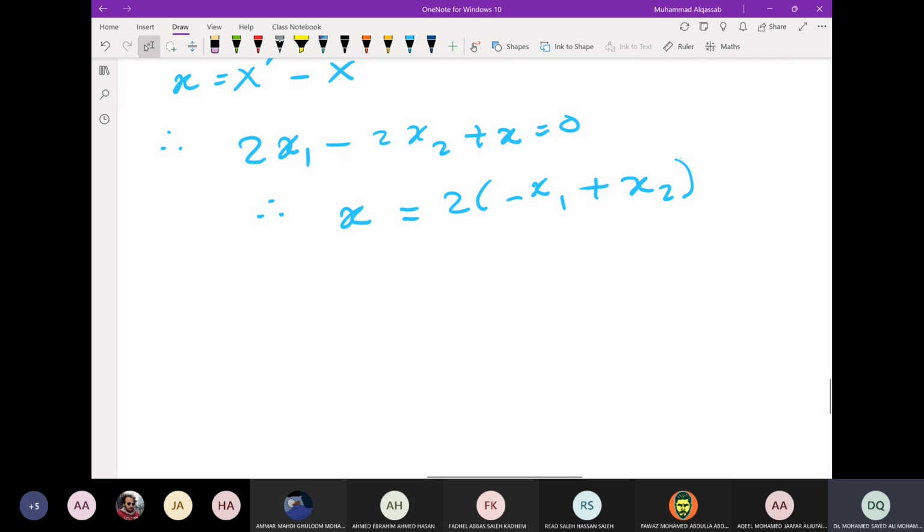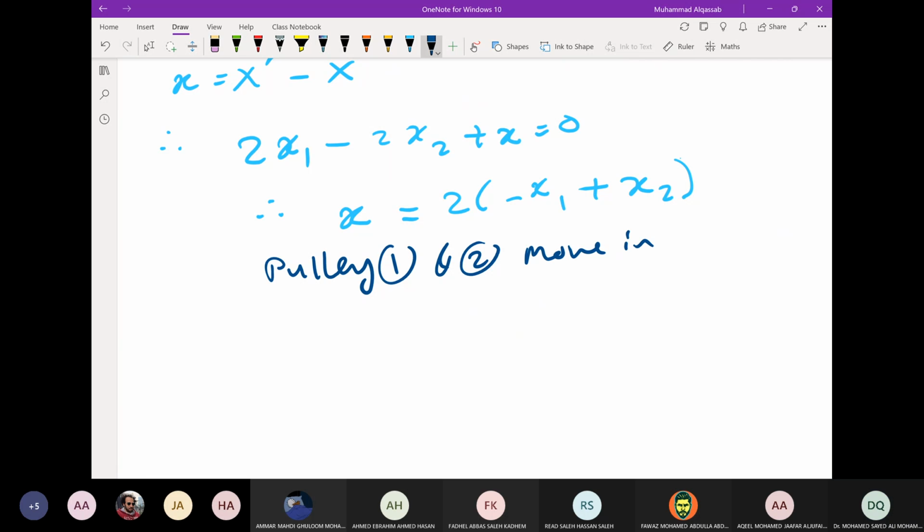This is always addition. Okay, we know that pulley 1 and 2 move in opposite direction all the time, for all time.